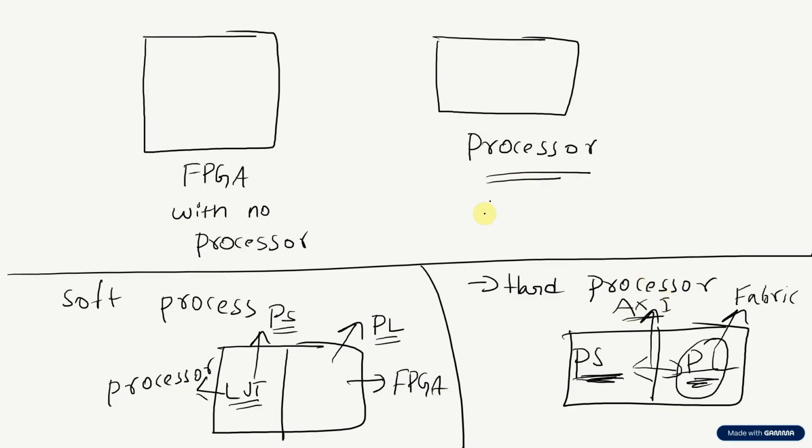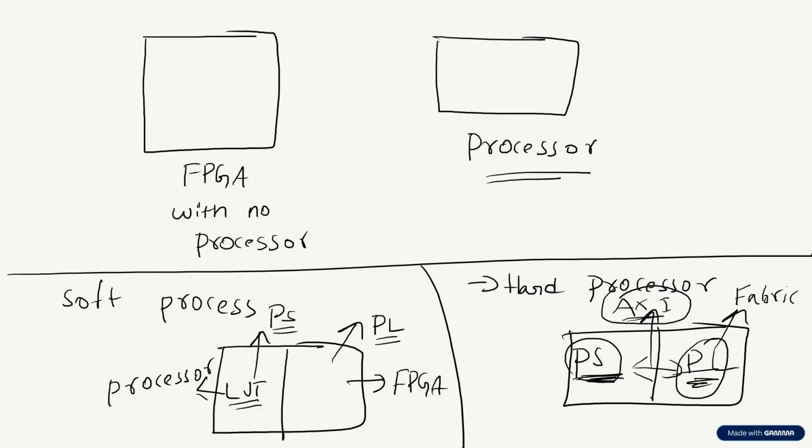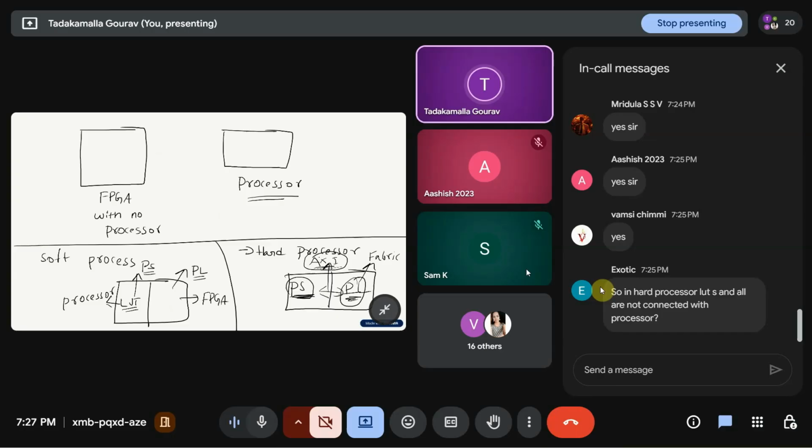We are going to use one protocol known as the AXI protocol for connecting our processor and our FPGA fabric. Is it clear? So in a hard processor, LUTs and all are not directly connected with the processor. Yeah, that is what I've shown you, right? This fabric PL has all the LUTs and CLBs, connected to the processor using this interconnect which is known as AXI.